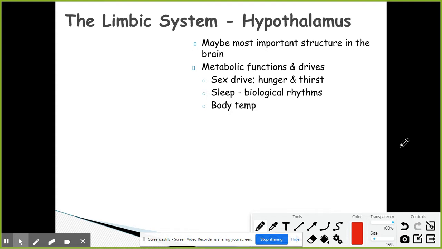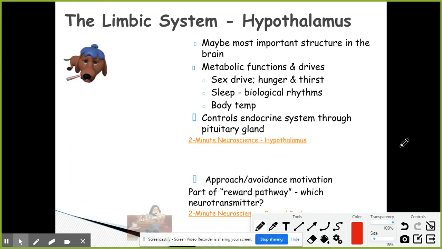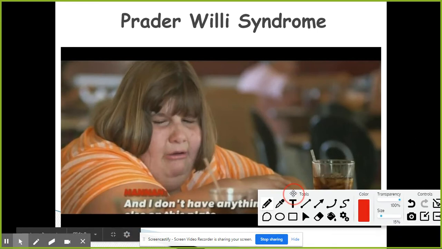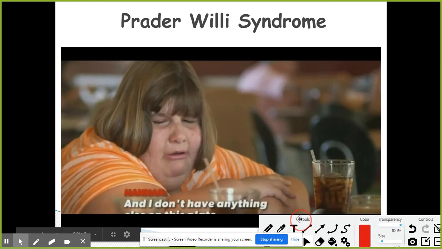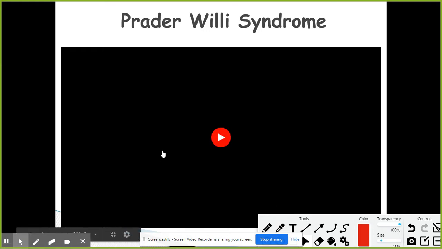In this disorder that we're going to watch a video on, Prader-Willi syndrome, those two areas of the hypothalamus basically do not work. They're shut off. So people with Prader-Willi syndrome, no matter how much they eat, they never feel full. They're always hungry, no matter how much they've eaten.